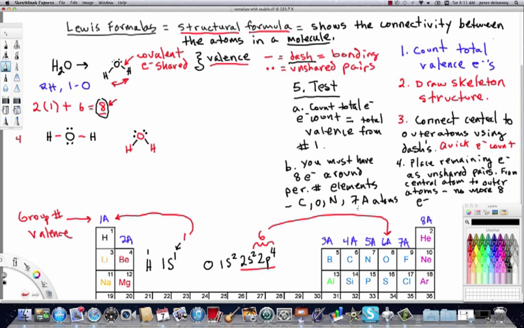So I extended this a little bit, not only period 2, but also going down this group 7A.